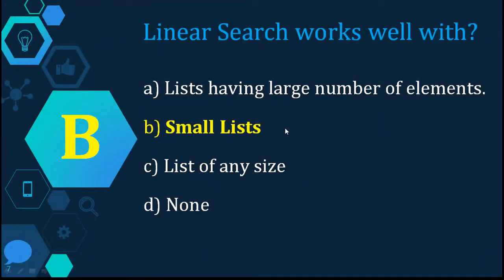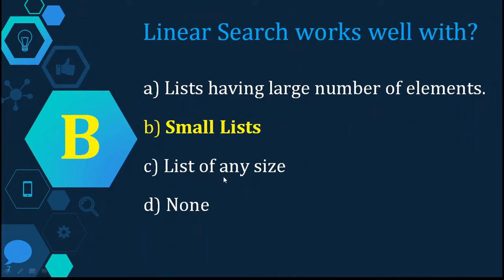Why? Because if I talk about the first option, list having large number of elements, linear search is not suitable for it, because the more the number of elements in the list, the more is the time complexity, since in linear search the time complexity is directly proportional to the number of elements in the list, right? And list of any size is also not correct. Why?